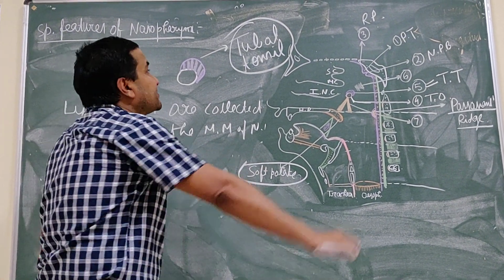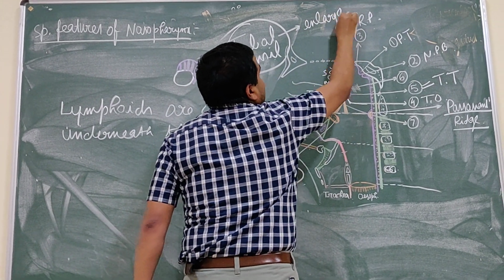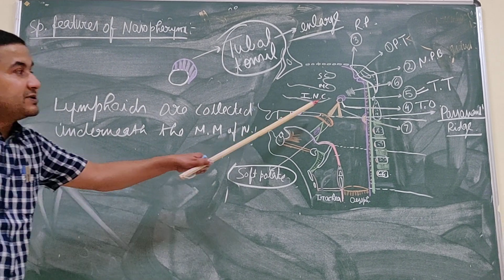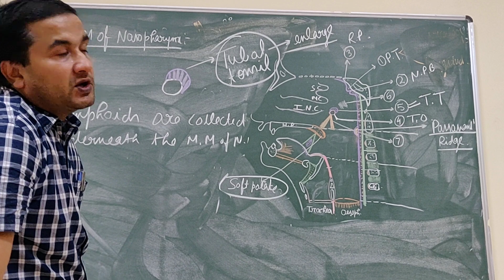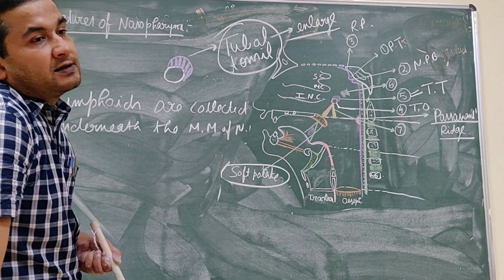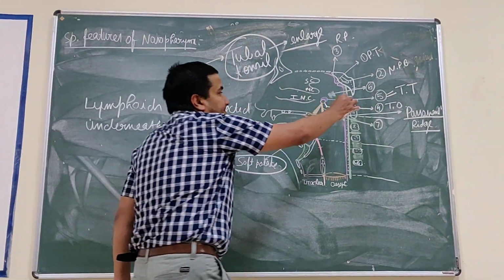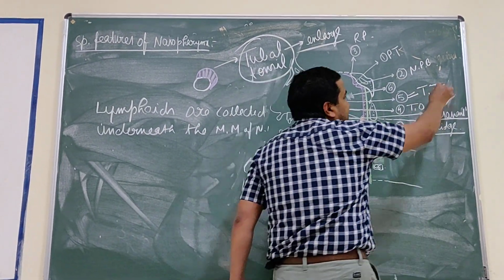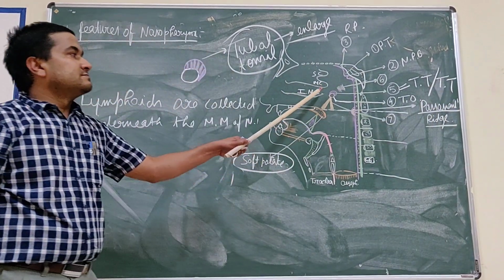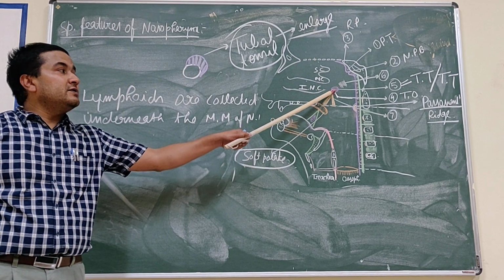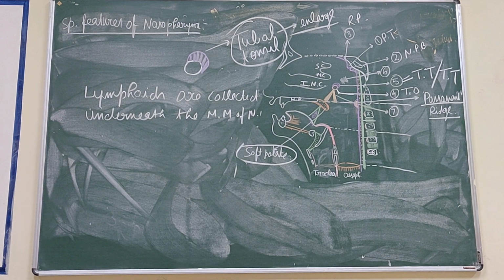When, due to infection, this tubal tonsil enlarges, it blocks the pharyngeal opening of the auditory tube. So this fifth structure is the torus tubarius and the tubal tonsil, situated posterior superior to the tubal opening, the opening of the auditory tube.